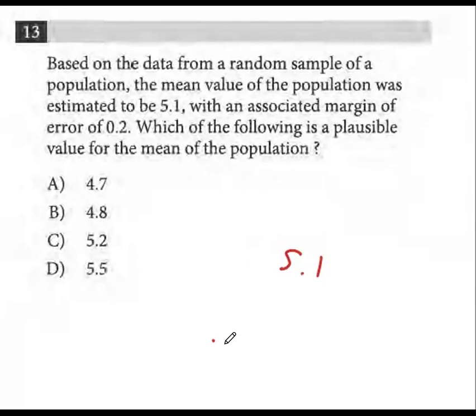So 5.1 minus 0.2 would be 4.9, and 5.1 plus 0.2 would be 5.3. So any value between 4.9 and 5.3 is a plausible value for the mean of the population. In this case, 4.7 is not, 4.8 is not, 5.2 is, and 5.5 is not. So the correct answer is C.